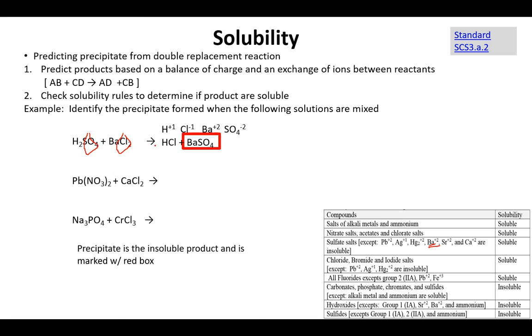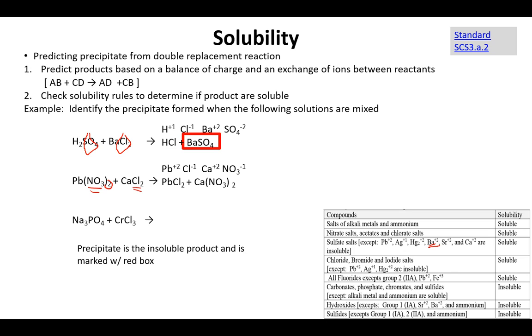So looking at the next example, again, double replacement, you are switching partners. My nitrate switches places with my Cl, and I have to balance charges. Now, we don't know the charge that lead forms because it could be a 2 or a 4. So I'm going to reverse crisscross to determine that lead is a 2. And I'm going to assume it keeps the same charge because we don't know how to deal with redox. So when I balance my charges, I get PbCl2 and CaNO3.